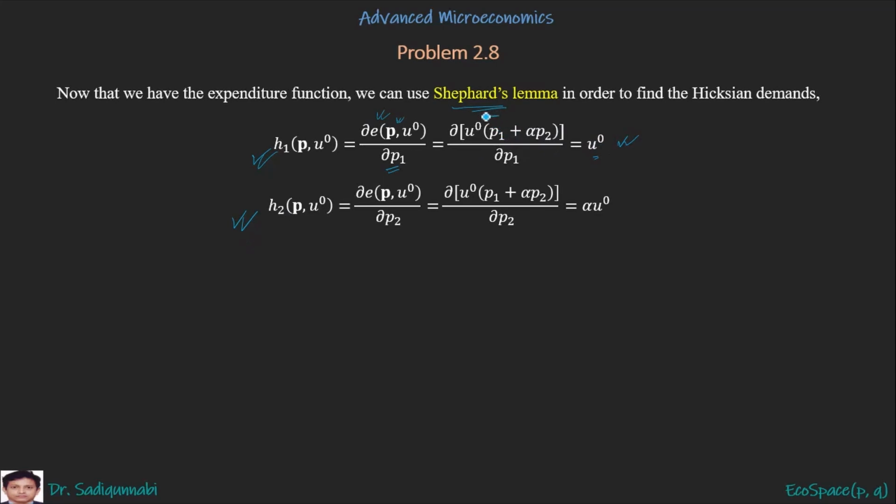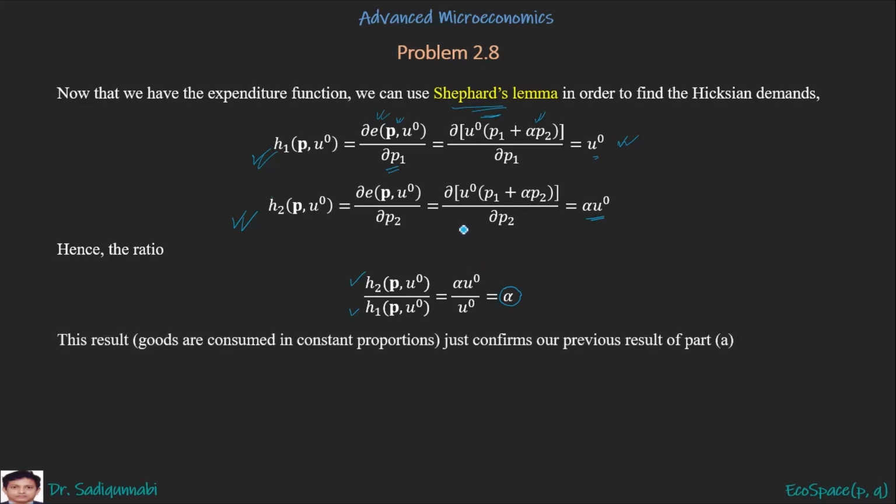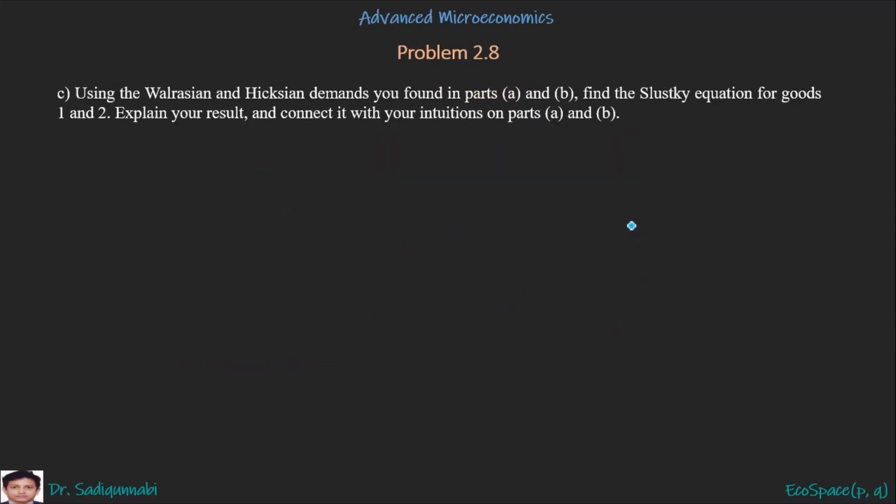By this we can find the second Hicksian demand, and the ratio of the second Hicksian demand to the first is equal to alpha. Same result as we got from Walrasian demand. This result confirms the previous result, and the intuition is the same.